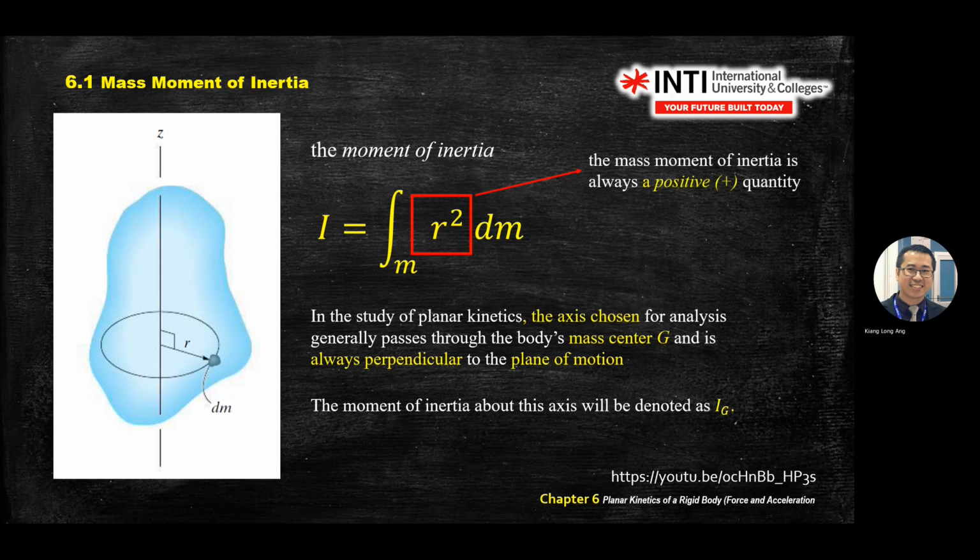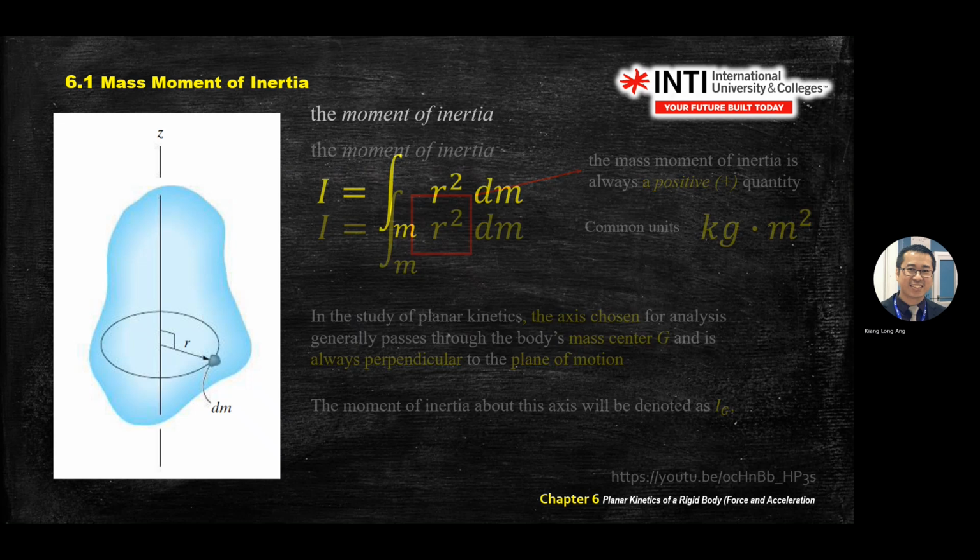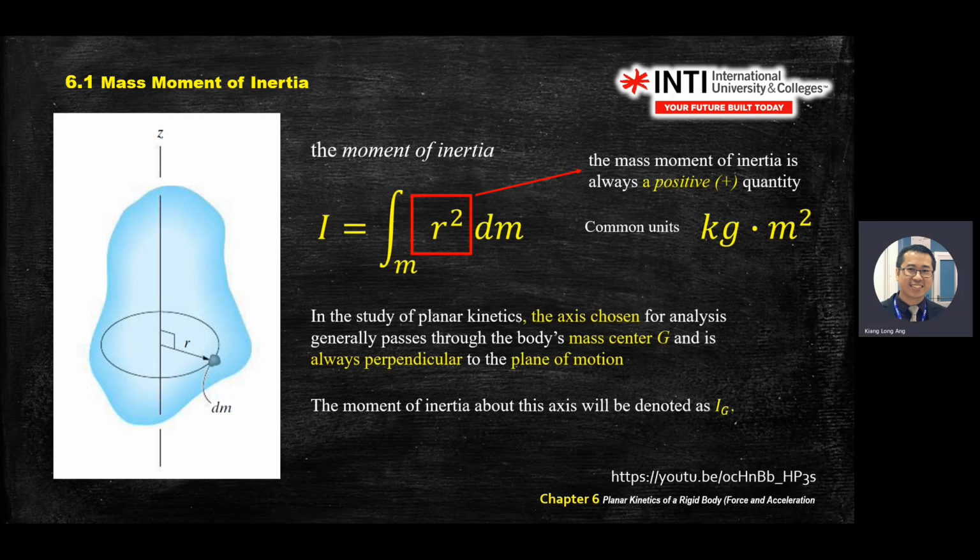Mass moment of inertia, take note, is always positive. The common unit for moment of inertia is kilogram meter square. Why kilogram meter square? r is meter, squared you get meter square. You integrate mass, you get kilogram.